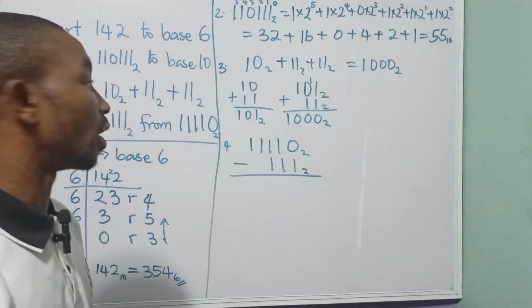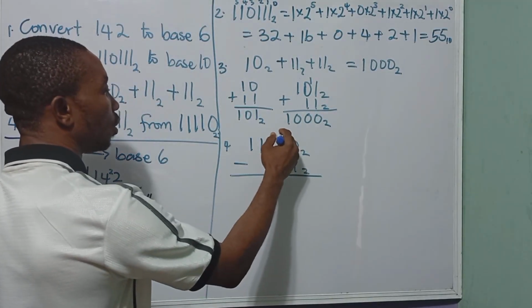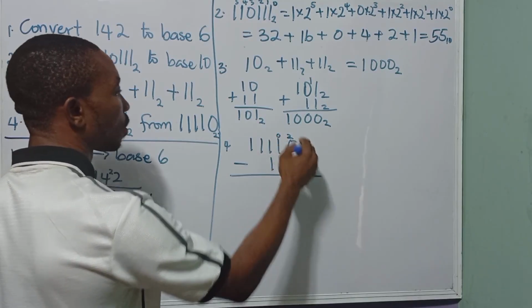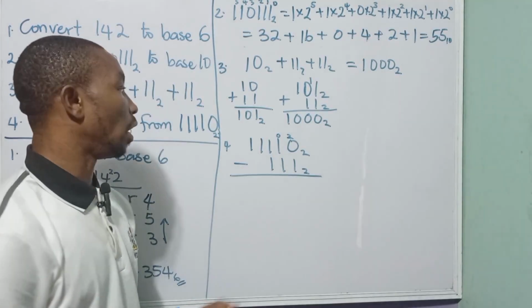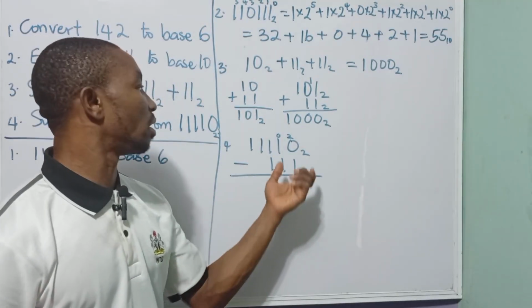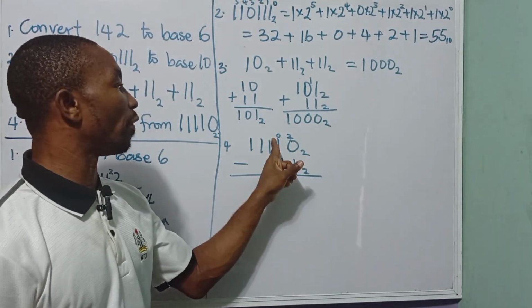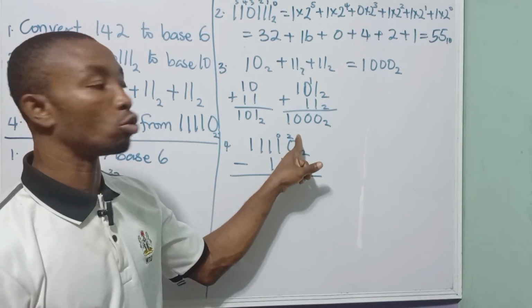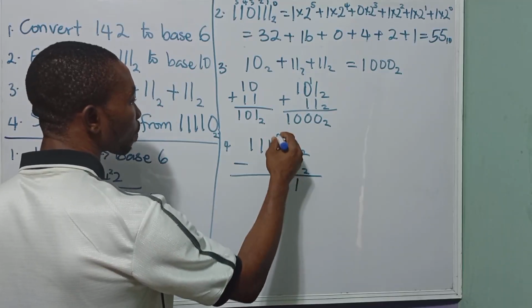Now, in subtracting, since 0 cannot subtract 1, we borrow. So this becomes 0 and this becomes 2. Now remember that whenever you borrow in any base, what you're borrowing is the amount of that base. So since you're working in base 2, if you borrow 1, that becomes 2. So 2 minus 1 will give us 1.